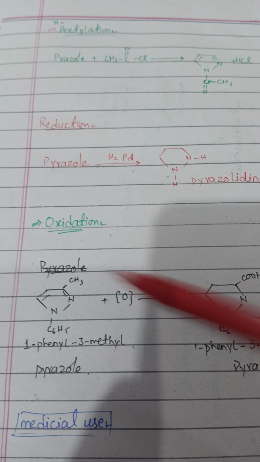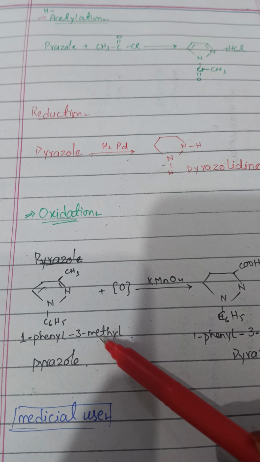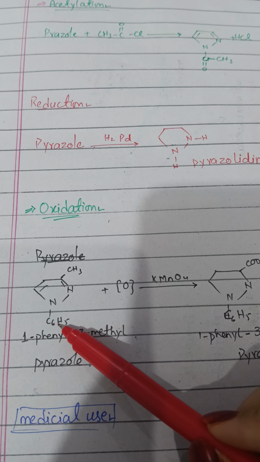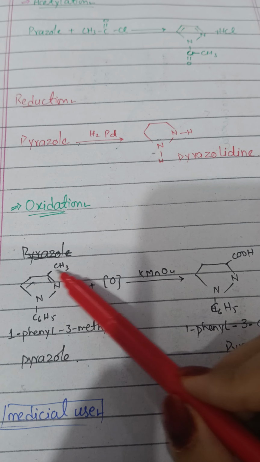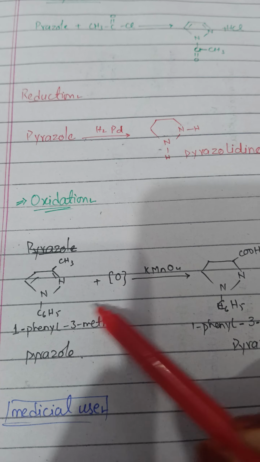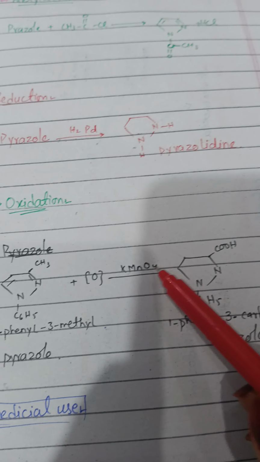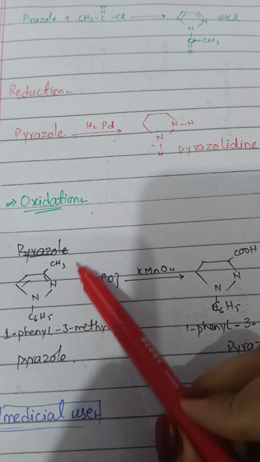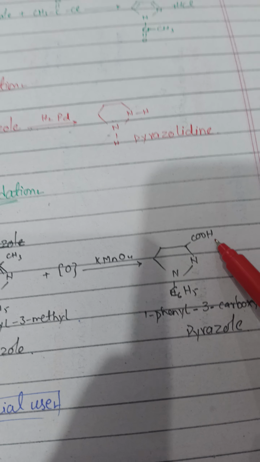In oxidation we have a derivative of pyrazole, which is 1-phenyl 3-methyl pyrazole. At position 1 a phenyl group is attached, and at position 3 a methyl group is attached. Now we cause the oxidation of this group in the presence of KMnO4. We have discussed that at the methyl group, a carboxyl group is formed due to the addition of oxygen.